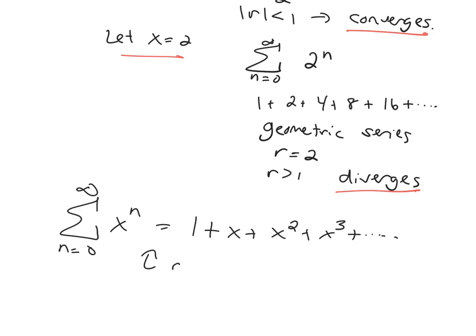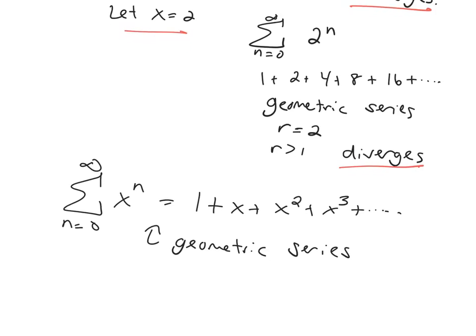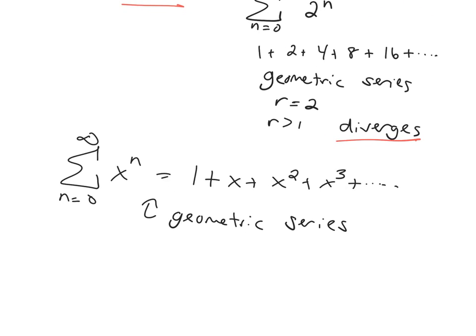This is actually going to be a geometric series. What's my ratio for this series? x. Take x and divide by 1, I get x. Take x squared, divide by x, I get x.